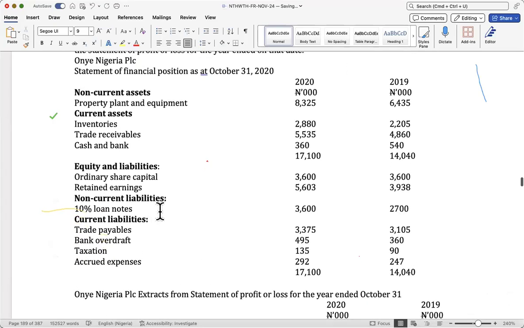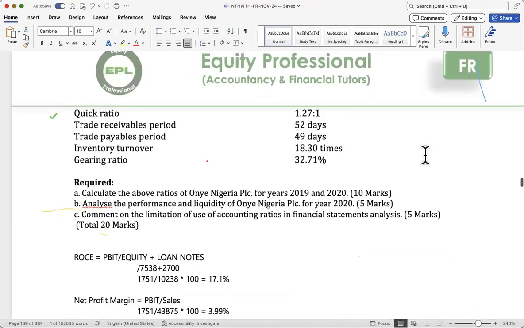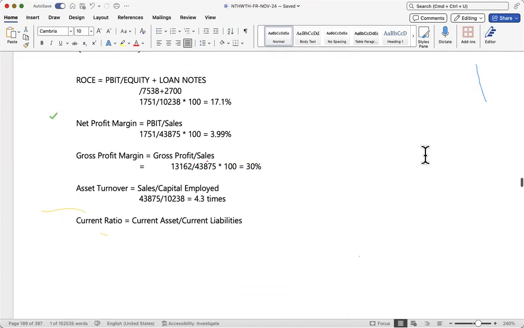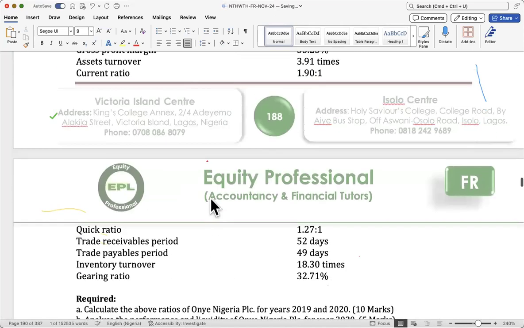From the statement of financial position, it is the addition of this plus this plus this. If you use this 14,000, you are wrong. You need to complete it yourself. 7605. What about current liabilities?